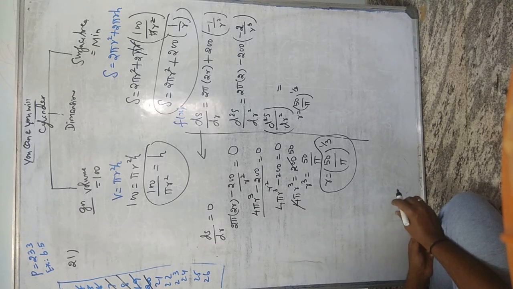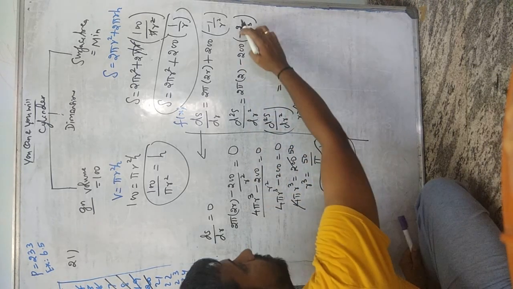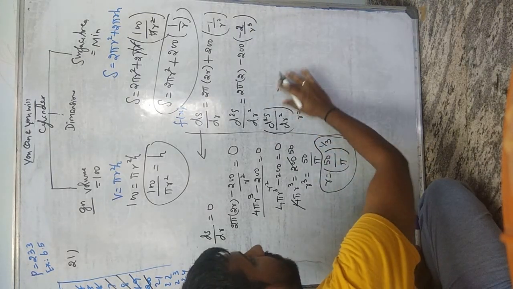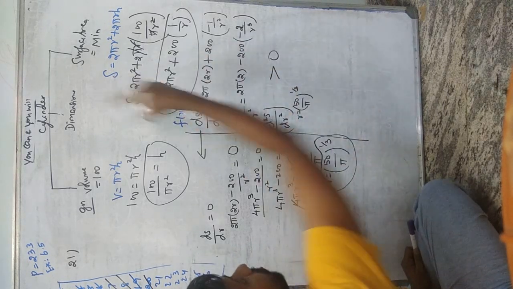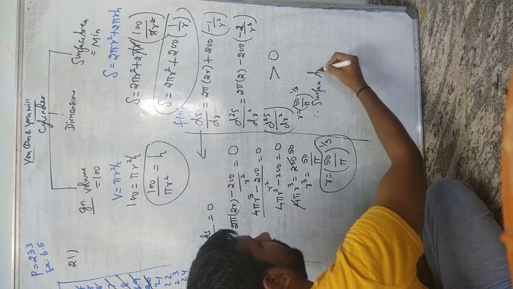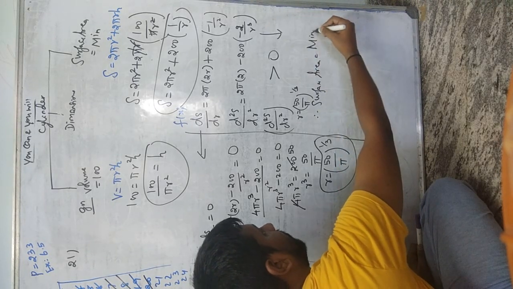In place of r³ you have to substitute the positive value. Already I am having minus into minus positive, and the r³ is also positive. The total value will be positive. Now I have proved that the surface area is minimum.